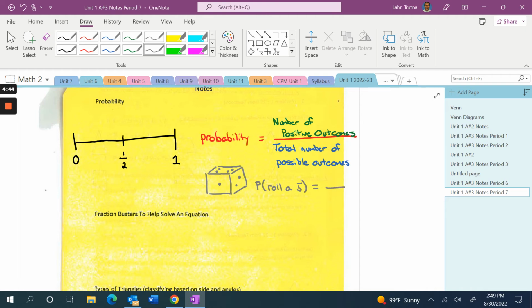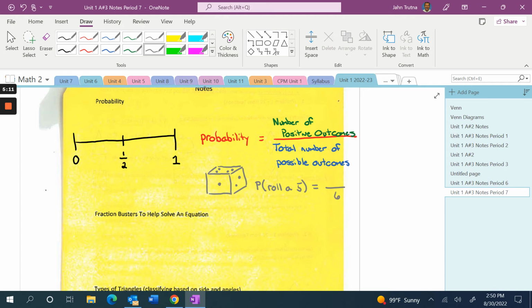Remember, when you write probability as an answer, write it as a fraction. And the reason why you write it as a fraction is because of the definition. So the bottom part of the fraction, known as the denominator, is the total number of possible outcomes. So when I roll a die, how many sides does it have? 6. So does that mean there's 6 possible outcomes? Yep.